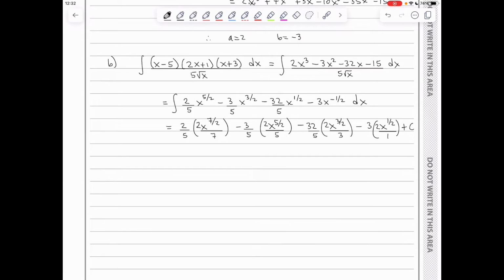Do not forget the plus c. This is indefinite integration, so we'll always need to include the plus c. And we now need to simplify our answer. This gives me 4 over 35 x to the 7 over 2 minus 6 over 25 times x to the 5 over 2 minus 64 over 15 x to the 3 over 2 minus 6x to the half plus c.